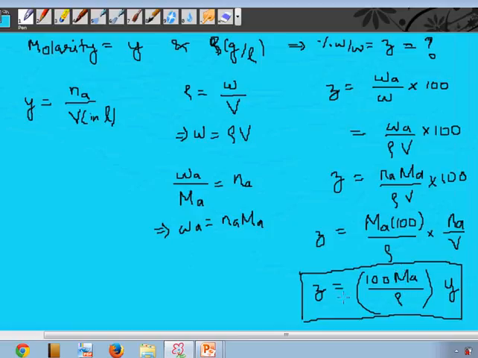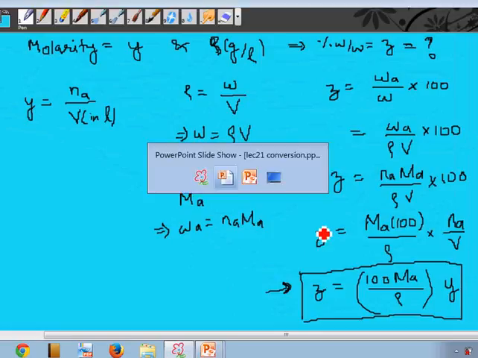This formula has been derived for certain units. Ma should be gram molar mass, that is in gram, and rho is density of solution in gram per liter. So unless you follow the unit, you will get wrong answers. So now you can simply remember this formula for conversion of molarity to mass percent and vice versa, or let's see an example without the use of formula.